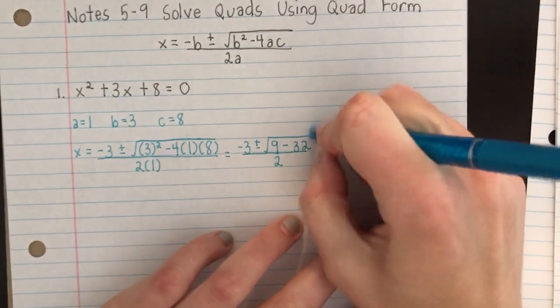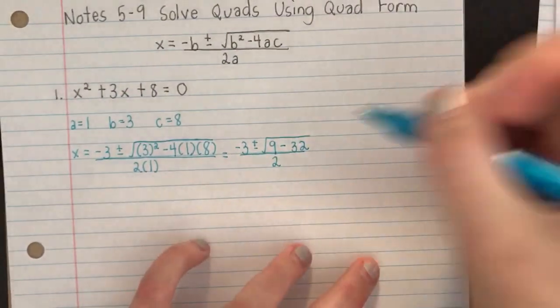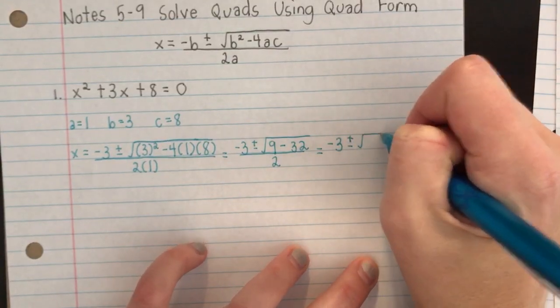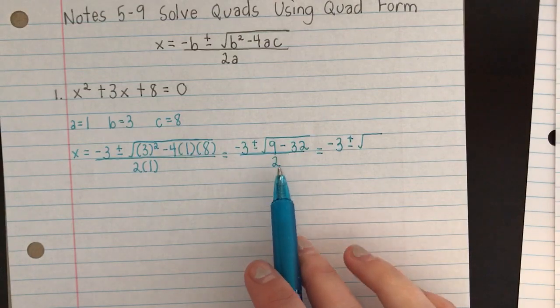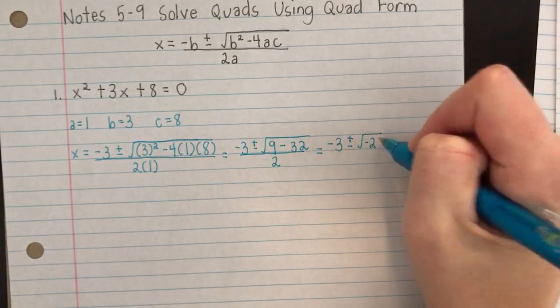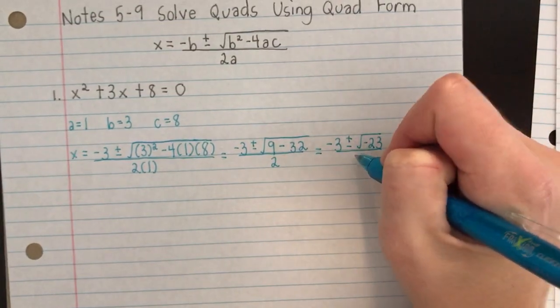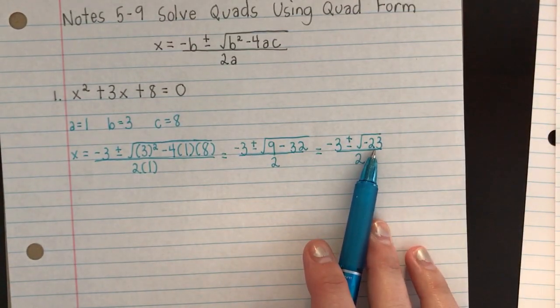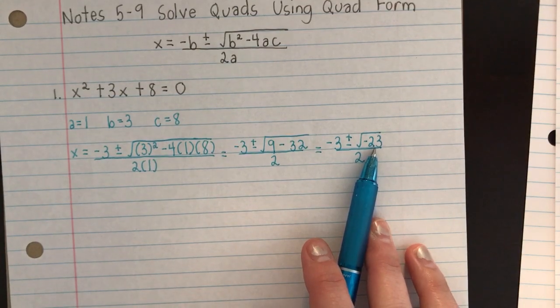I'm going to erase that, drew too much. Simplify a little bit further. Negative 3 plus or minus the square root of 9 minus 32 is negative 23, all over 2. What's nice about this one is 23 is prime. There's nothing that divides into 23 other than 1 and itself.